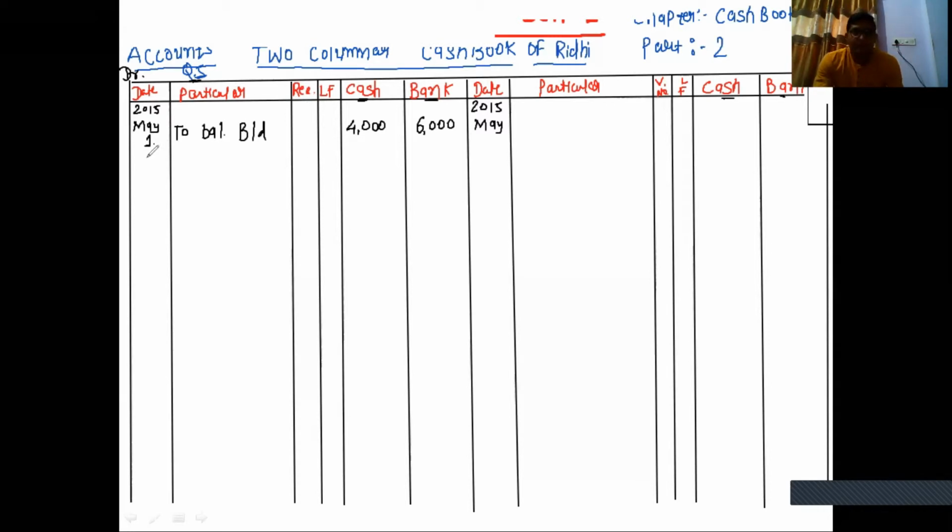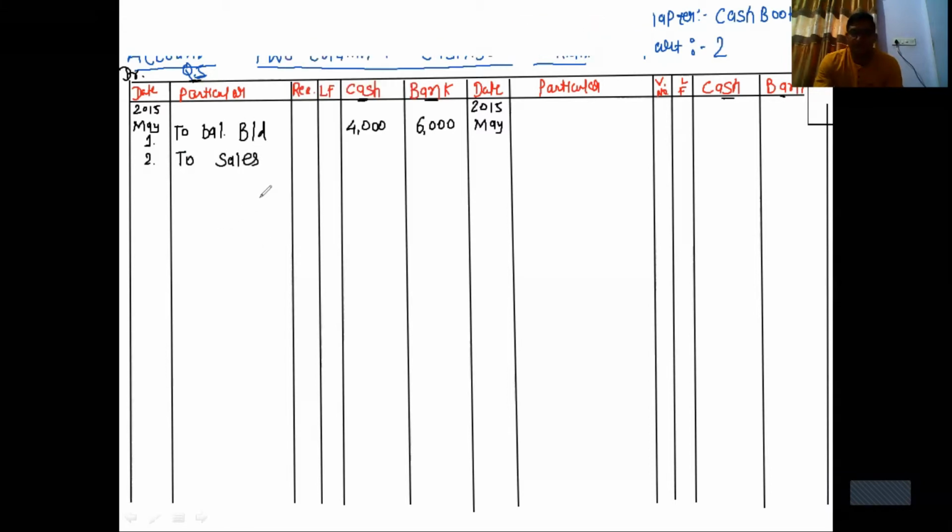Transaction on date 2. Here we sold the goods, so we have to write down to sales account. Okay. And the amount is 5,000, on which 10% trade discount. So 5,000 less 10%, our income is 4,500.